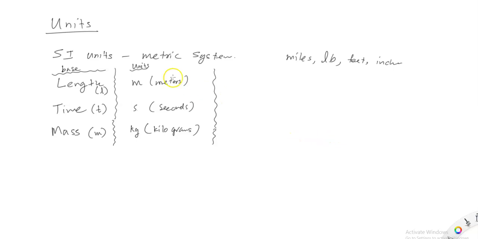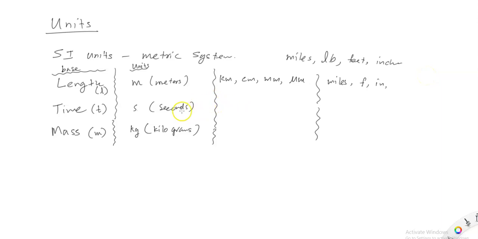Alright, so what are the other units? Now in the metric system, we have things like kilometers, centimeters, millimeters, micrometers, all sorts of measuring units for length. They all have this common term meters at the end. And also we have non-metric, non-SI units like miles, feet, inches, and stuff like that.